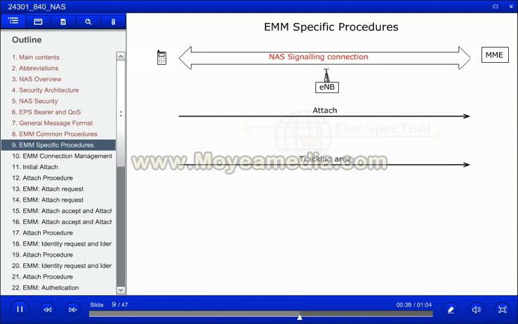The detach procedure can be initiated by the UE or the network to detach the IMSI in the network for services and to release the EMM context and all bearers. Note that only one UE-initiated EMM-specific procedure can run at a time.